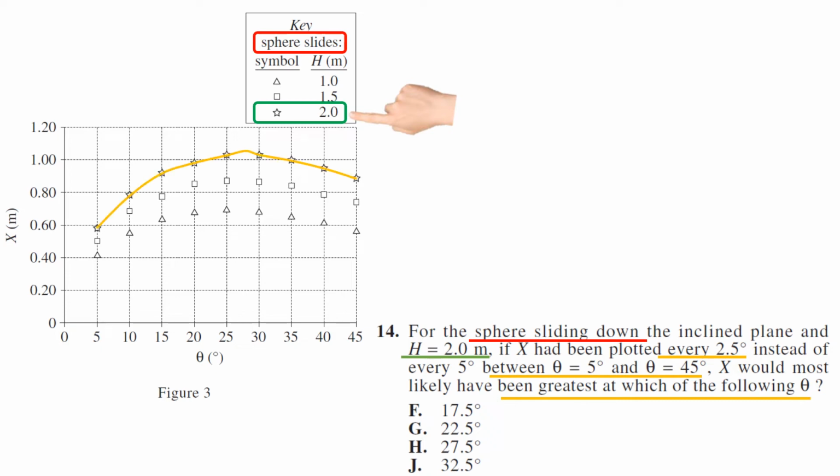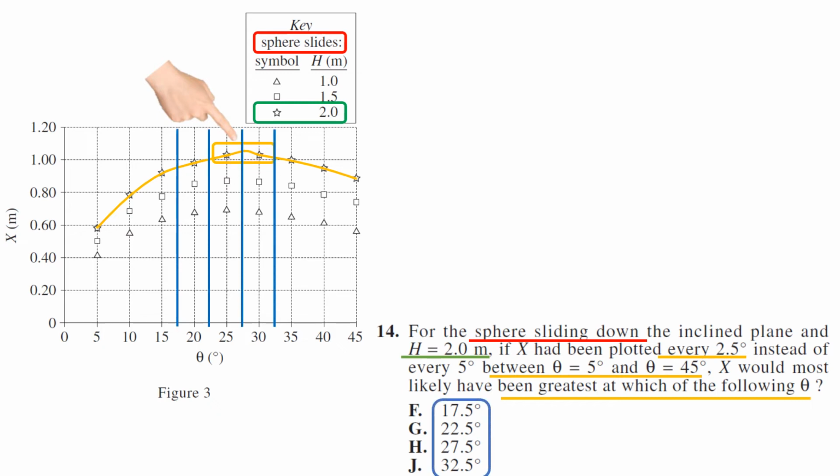So we're going to plot that, and we see that it peaks right about 27.5. If you didn't see that from drawing it, right, because these 2 points are the same, which means it went up a little more and then went back down in level with each other. You could just check the answers as well, draw your line up and see 17.5 is definitely too small, 22.5 small, and 32.5 too small. So your answer has to be H.